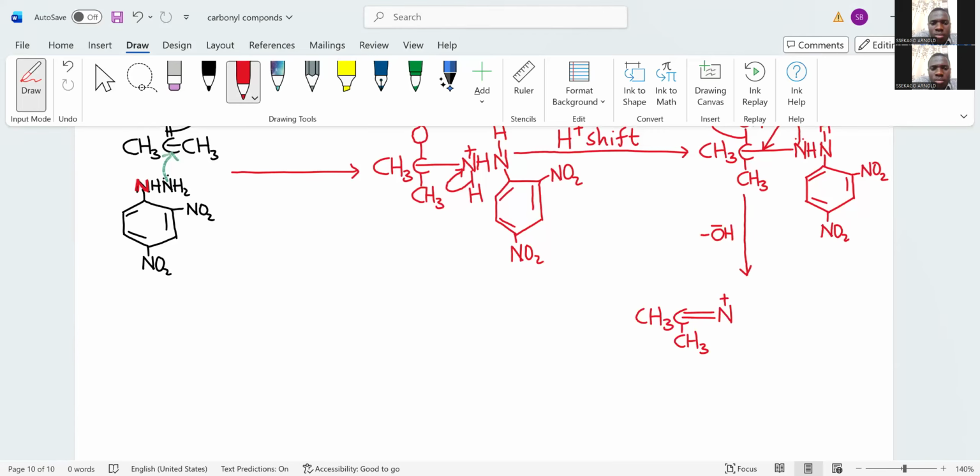That N carries hydrogen like that. Then it also carries another N. And by the way, this other N has hydrogen. I am also bonding it with the benzene ring.